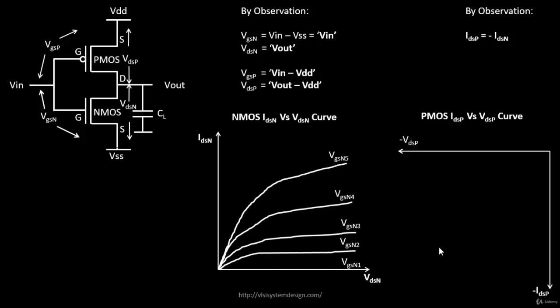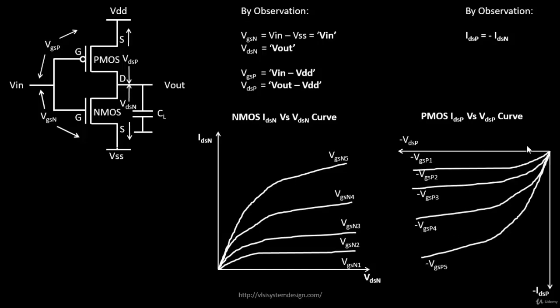So let's draw the load curve. You will have negative VGSP1, which is similar to VGSN1, though the values will be different. The threshold voltage values for PMOS and NMOS are way different because of the mobilities of NMOS and PMOS. I'll come to that part when we enter into the device physics course.